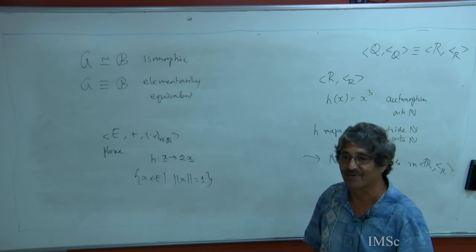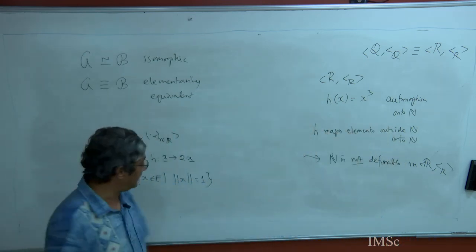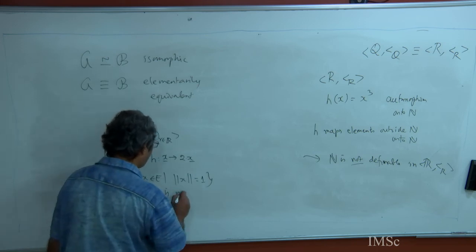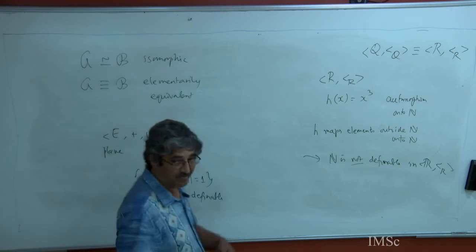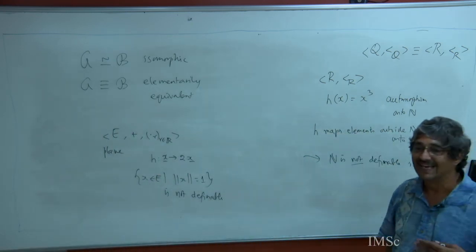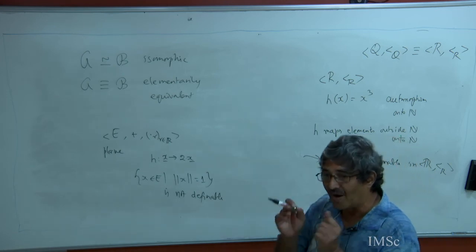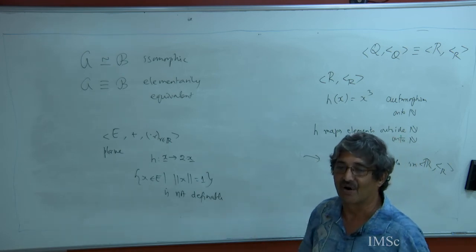This is one of the things that you do in linear algebra, and this is one of the things to say that this is not definable, because here is an automorphism that does not preserve it. So automorphisms preserve definable relations, and this is one standard trick to show that certain relations are not definable.